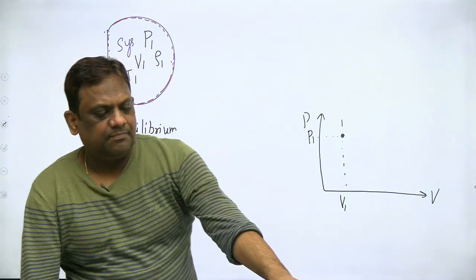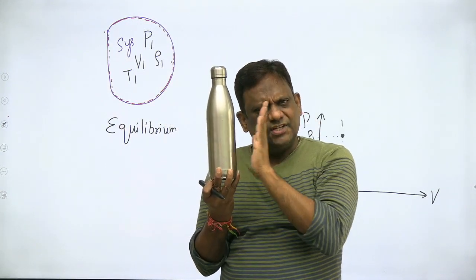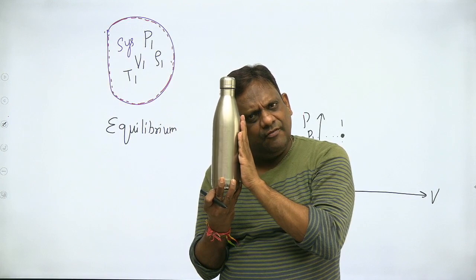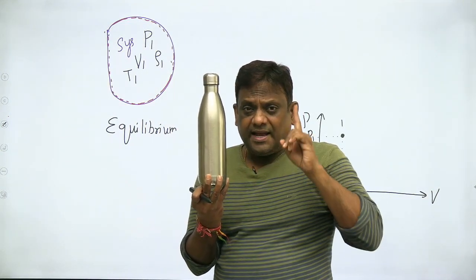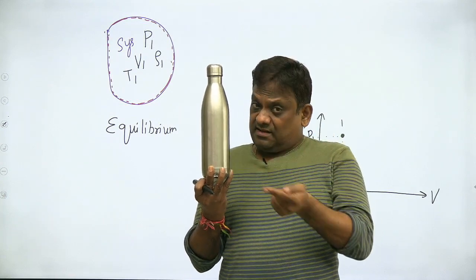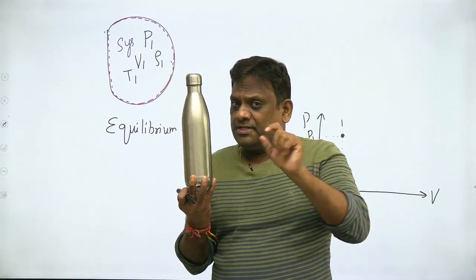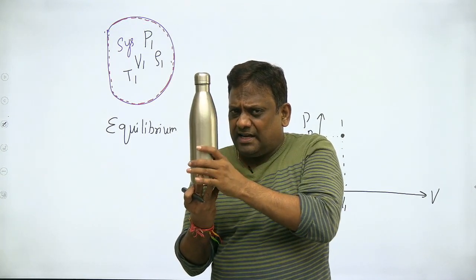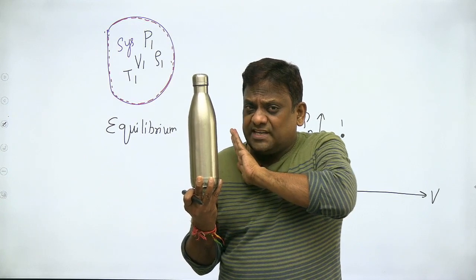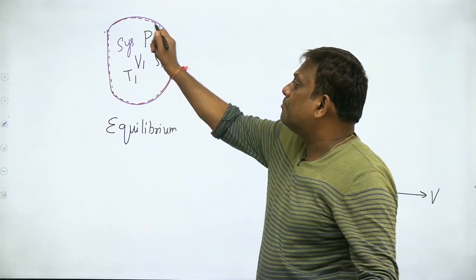There is a system, inside we have water, pressure P1, volume V1, temperature T1 and density ρ1. When the system is perfectly in equilibrium and no process is going on, the system has only properties.